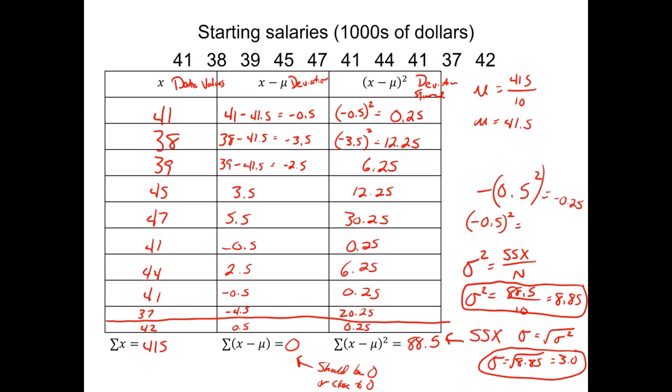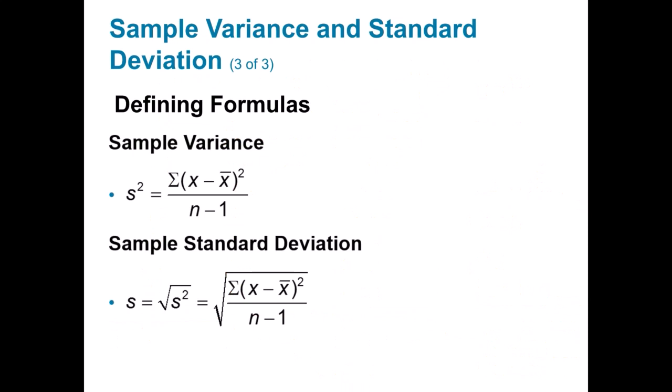That is not true with standard deviation. So it's very, very important to identify whether you're looking at population data or sample data, because you're actually going to have a different formula for sample standard deviation and variance. Now it's very similar, but there is a difference.